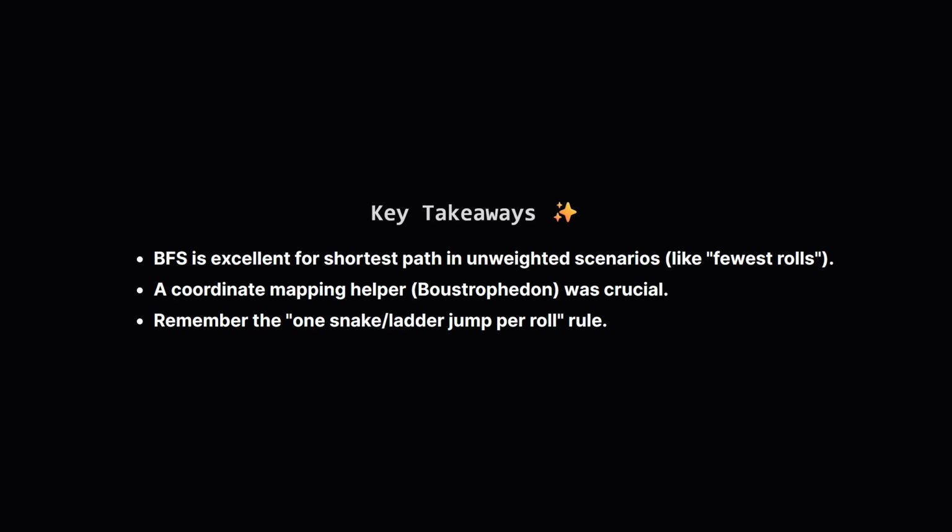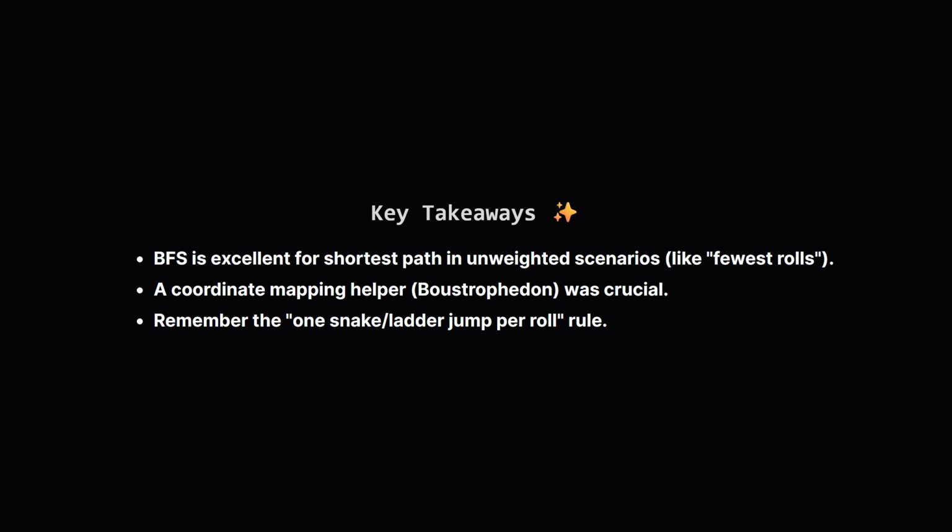So let's wrap it up. For this snakes and ladders problem, breadth-first search was our best friend. Why? Because we needed the shortest path in terms of the number of dice rolls, and BFS is perfect for that, when each step has the same cost, in this case, one roll. A really crucial part was figuring out how to deal with that Boustrophedon numbering. We handled that by creating a helper function to translate a simple square number into its actual row and column on the board.